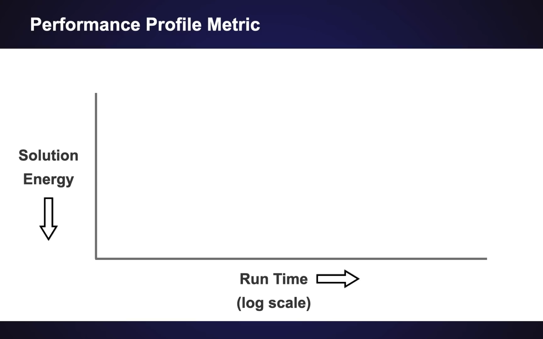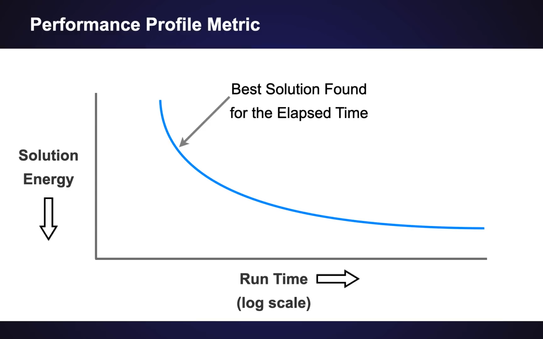In terms of metrics, we're going to be showing you performance profile metrics, where the runtime of the algorithm is on the x-axis and the solution energy or the objective value is on the y-axis. So what you'll see is monotonically decreasing curves like this, which show you the energy of the best solution found for the amount of time that you have been given.